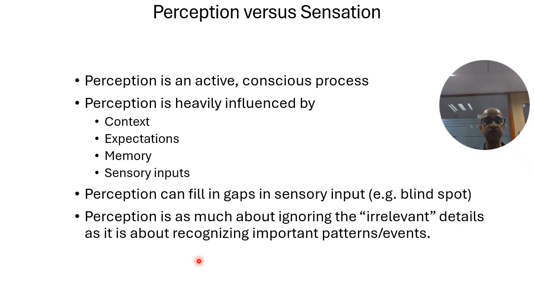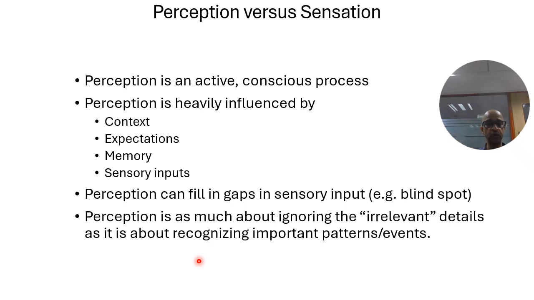Then your perception is also about ignoring irrelevant details as much as it is about recognizing important patterns and events that you need. I need to understand what a dog is shaped like. I don't really care that there is a line this way and then a line that way. I need to perceive that entire contour of a dog and then recognize that this is a dog.